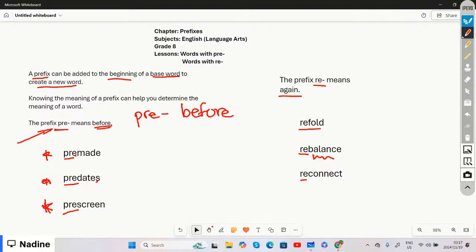So rebalance would mean it's almost like I'm regaining my balance again. So rebalance is like getting my balance again.